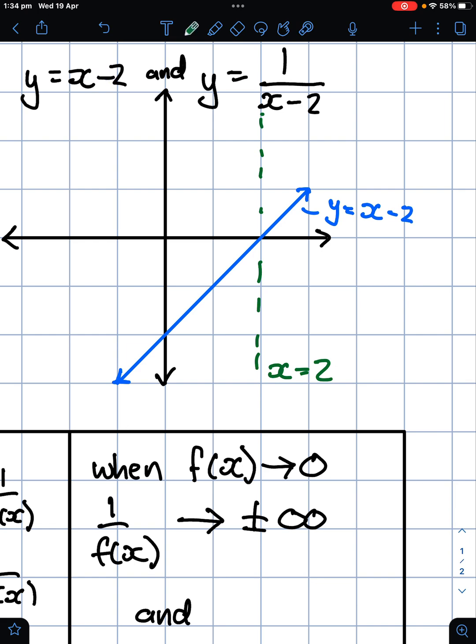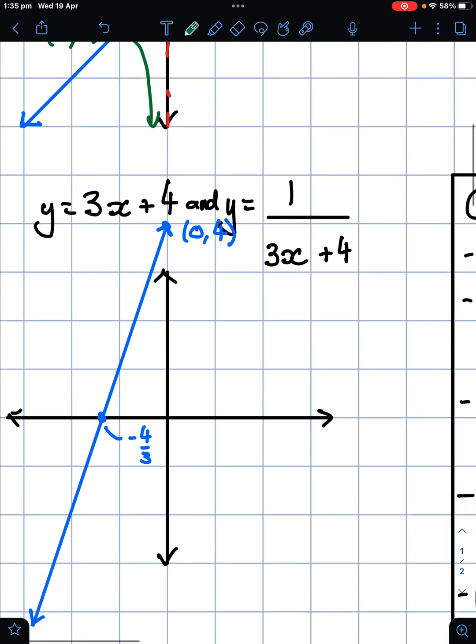So x equals 2 gives us an asymptote. We see this intersection point here, and you'll notice we're seeing 1 unit over, 1 unit up from the asymptote, and the same 1 unit over, 1 unit down. So we get this pattern, and again, we've got those asymptotes there.